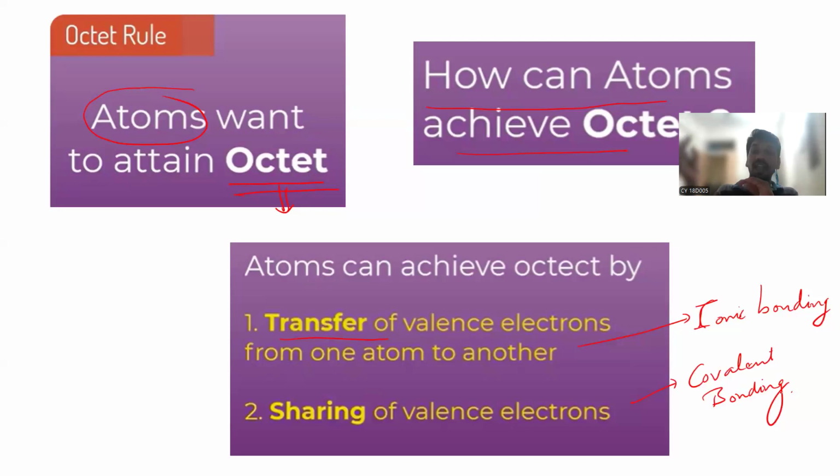Suppose an atom has 1 or 2 electrons more than a complete octet, or 2 extra electrons in the outer valency shell. It will donate them, so that is transfer of valence electrons to another atom, and they have a complete 8 electrons in the outermost shell. In sharing of electrons, suppose they have 1 electron and they gain 1 electron and complete the octet. Covalent bonding we will describe more in the structure later.